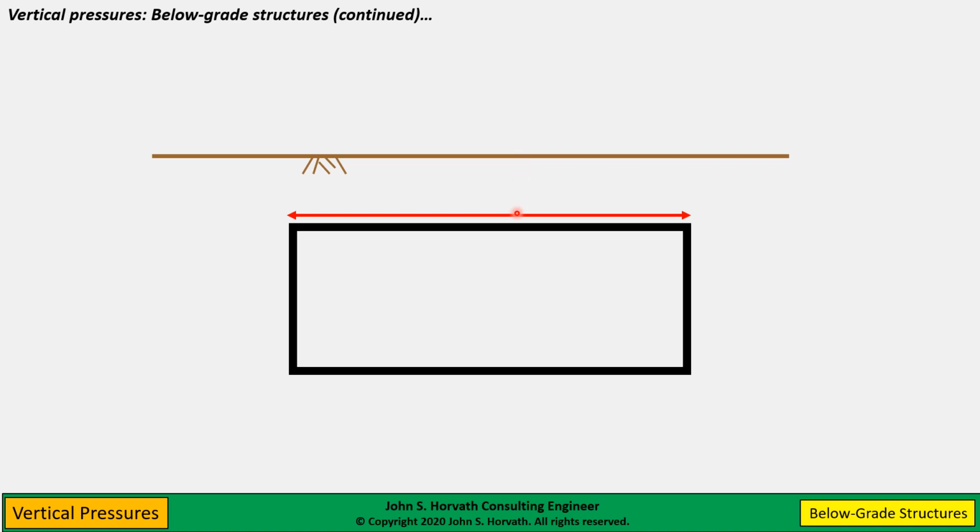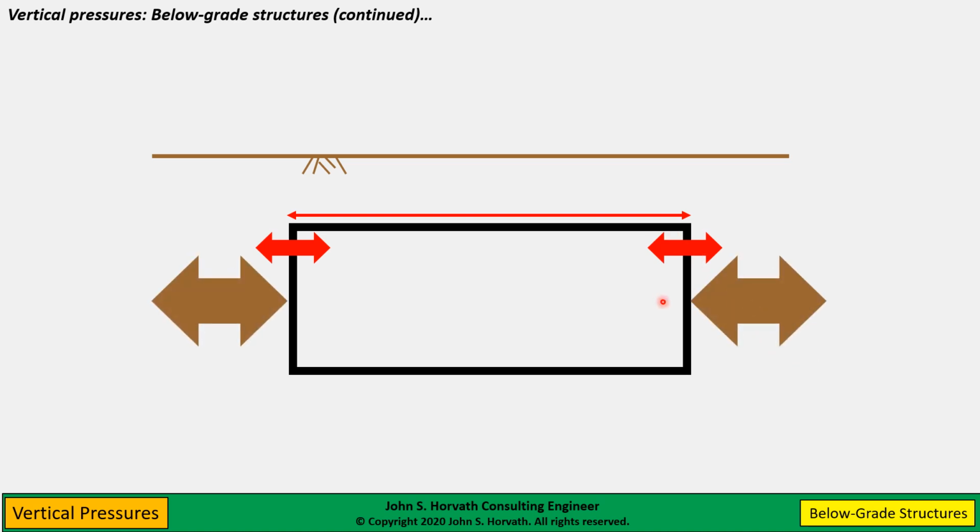I noted previously when I talked about differential icing that the near surface environment is very dynamic in terms of where the interface is between thermal effects from the atmosphere and thermal effects from within the earth. So depending on the thickness, this roof slab can heat up in the warmer weather. It's going to expand, and obviously this is a statically indeterminate structure, so it could push the side walls out and increase lateral earth pressures, really very similar to the summer season loading on an integral abutment bridge that I talked about in detail previously.